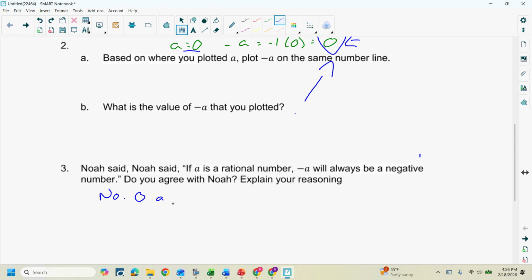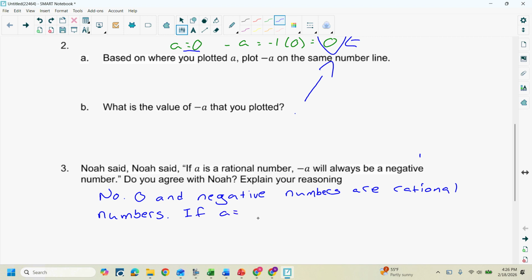0 and negative numbers are rational numbers.